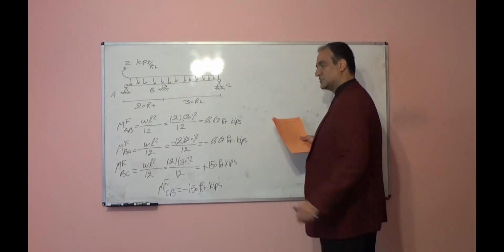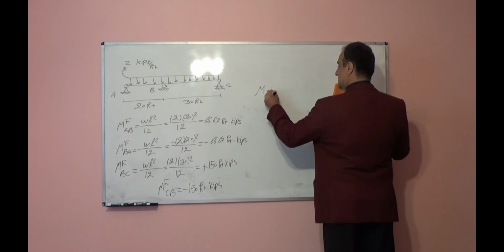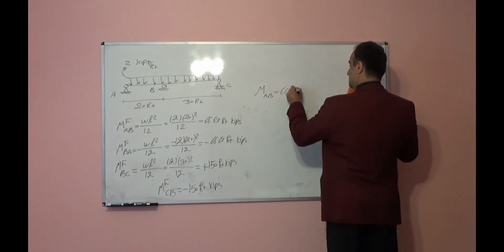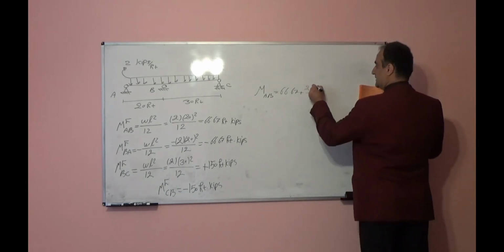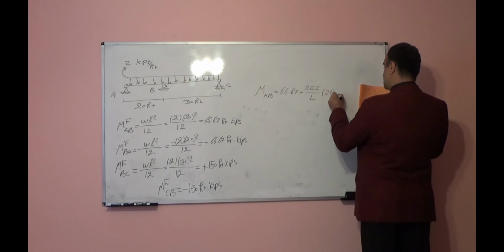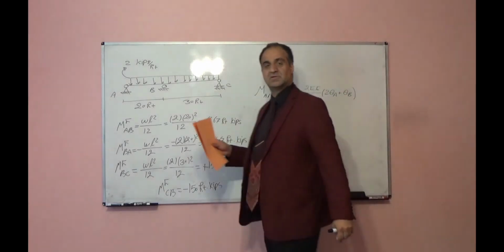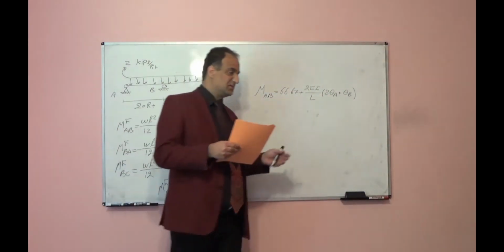Then I will write the slope deflection relation. MAB will be M fixed AB plus 2EI over L times 2 theta A plus theta B. Because there is no settlement or lateral displacement, that side term is 0, so I don't write that one.